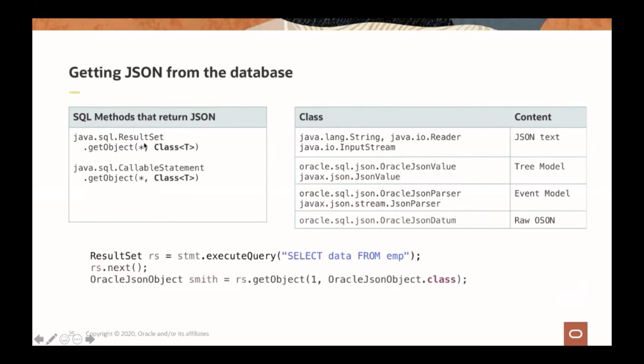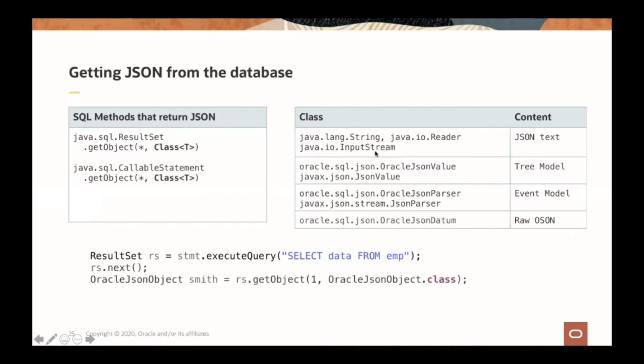The first argument identifies the column of the value that you want to get back as JSON. The second argument tells it the Java type or the Java class that you want to consume that value as. This table to the right shows you the different Java types that can go into the second argument, the different ways we support of exposing JSON.